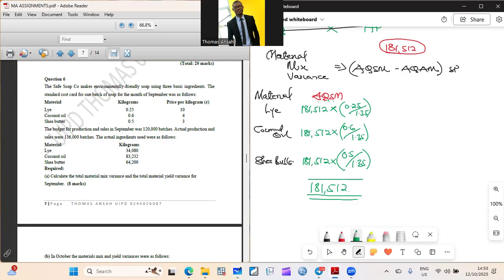So he sees this one as the actual quantity. If I take lye, its AQ is this one, then its SM is the standard mix here. But I want him to do it because that is a pure issue of mathematics. So do that. You online too, you can also do the same.